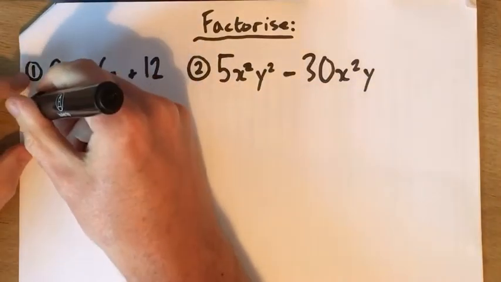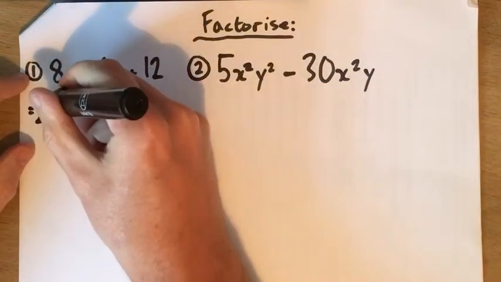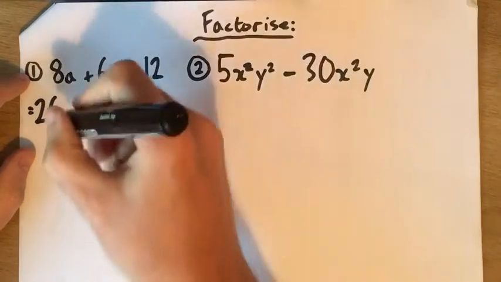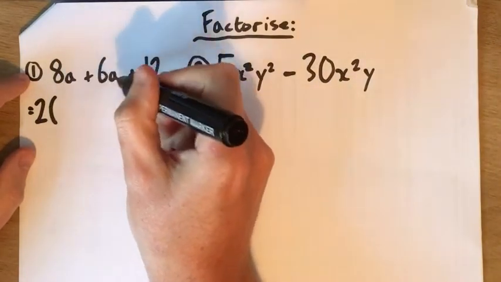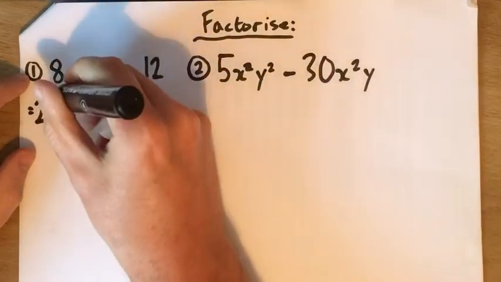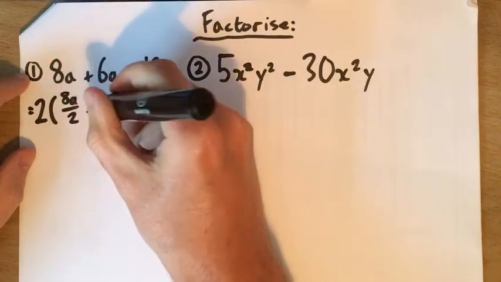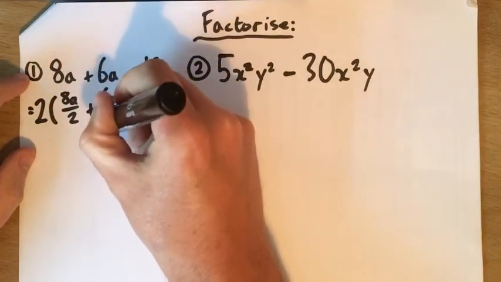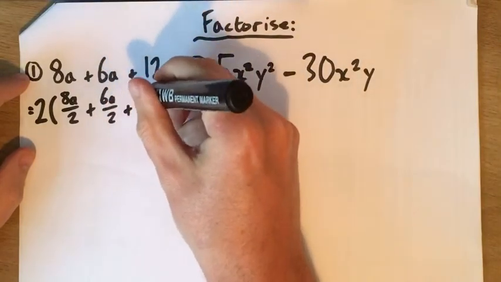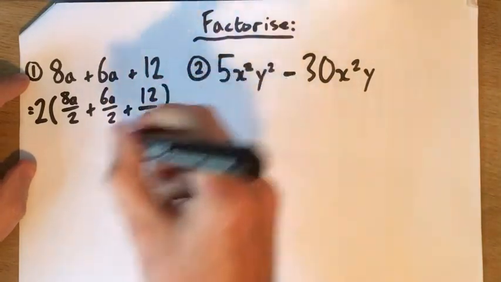So 2 outside your bracket, and then divide each of these terms by 2. So 8a divided by 2, 6a divided by 2, and 12 divided by 2.